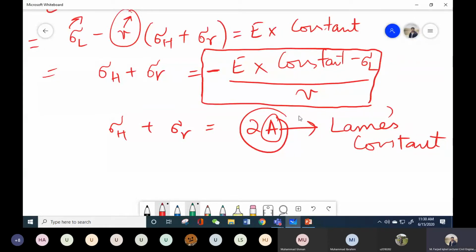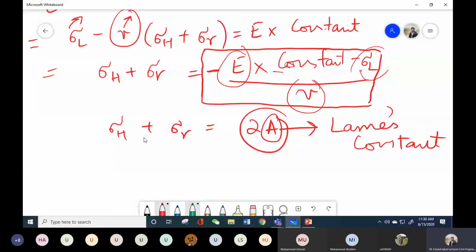If you have one type of cylinder, you will be provided with this factor a, which is determined based on the material properties, E and nu. This sigma L is a constant which you can also calculate, and we will derive a small relationship for that. And usually in the question, this constant is provided.